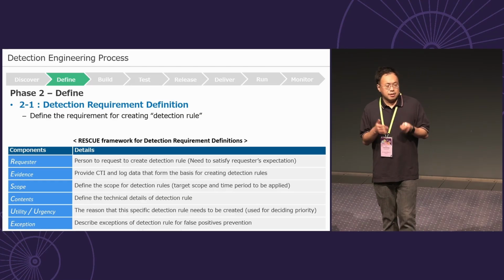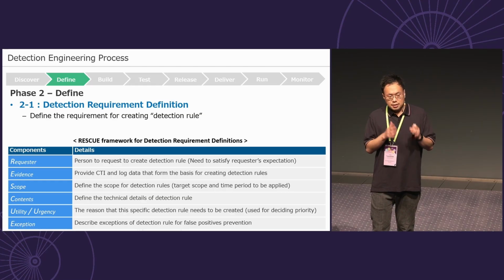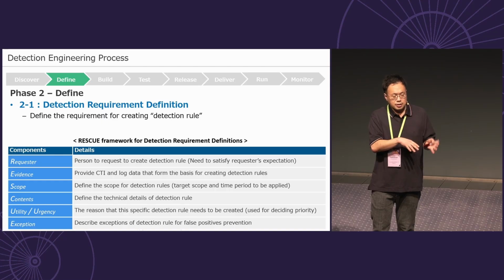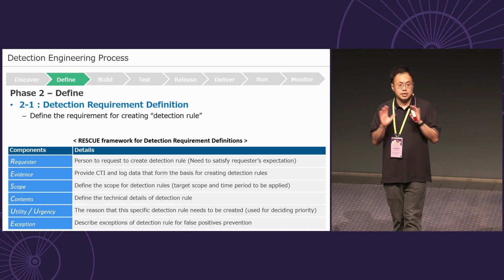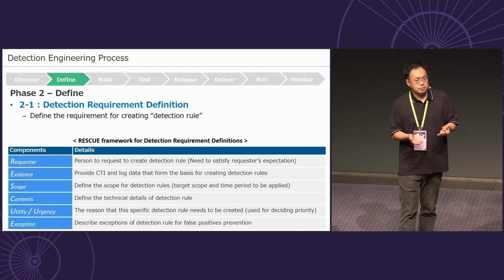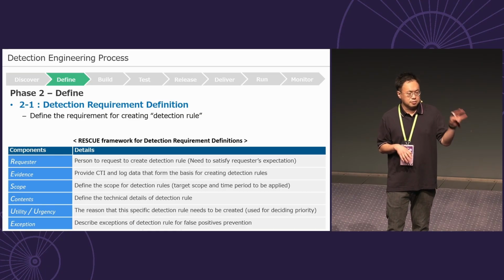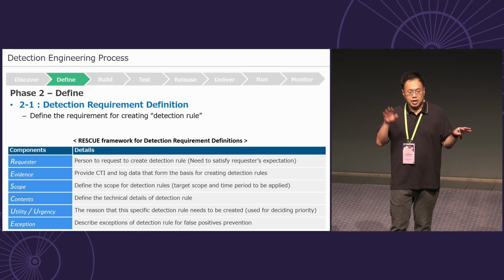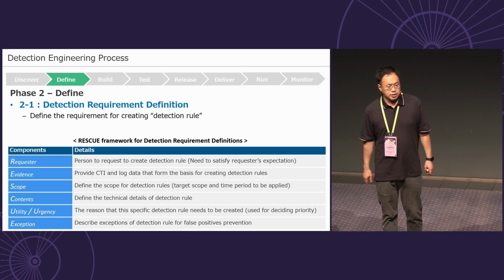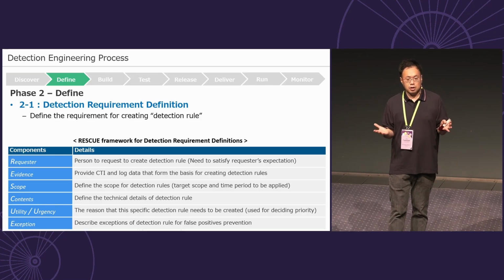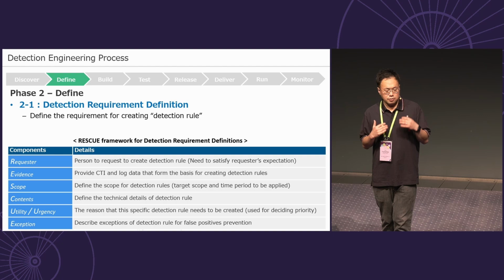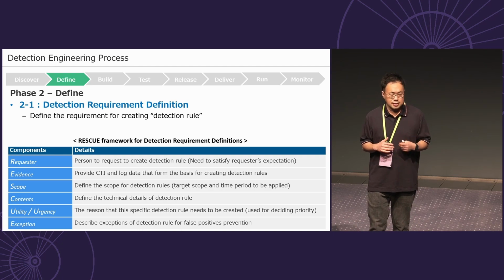For example, as I mentioned, sometimes the detection engineering process is started by a security requirement or security policy. But some tools are, for example, legitimate for some specific business domains, while for others they are not. So we'd like to understand what the exception is. So we define these 6 elements.